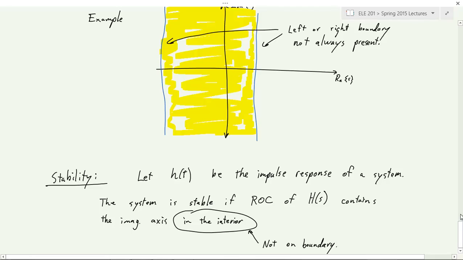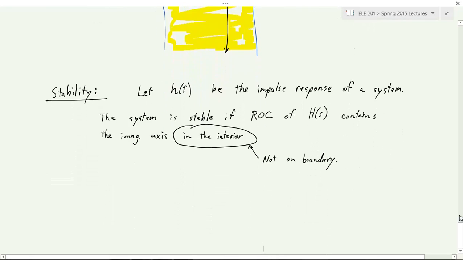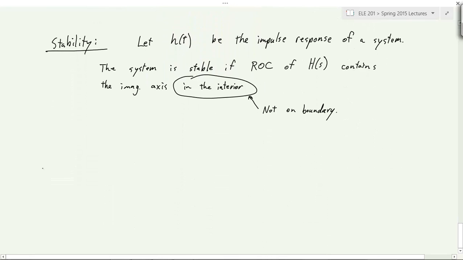Let me just give an example where the boundary matters. This is a weird example that should sort of illustrate why I had to say in the interior. Here's an example of an unusual case where the boundary is right on the imaginary axis. And this is actually going to be something you might have thought should be very relevant to us.